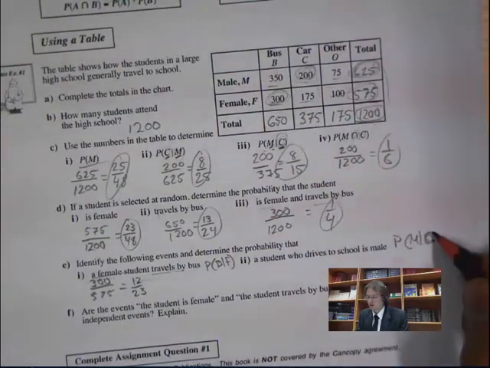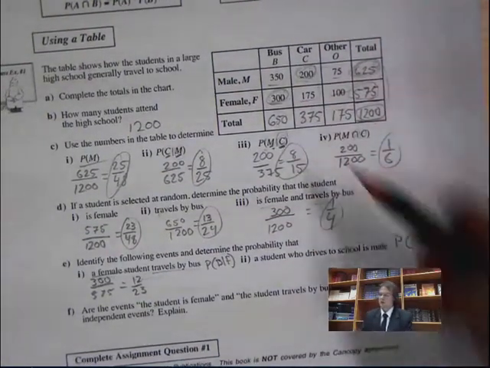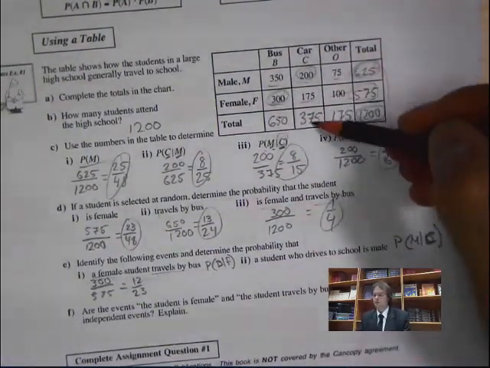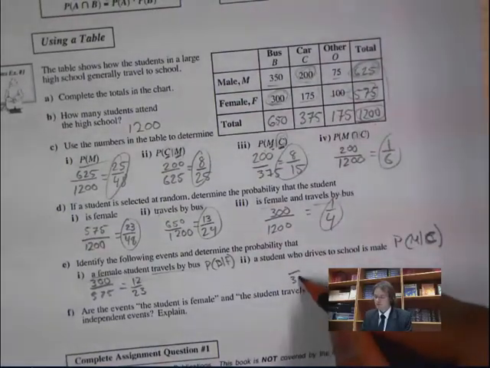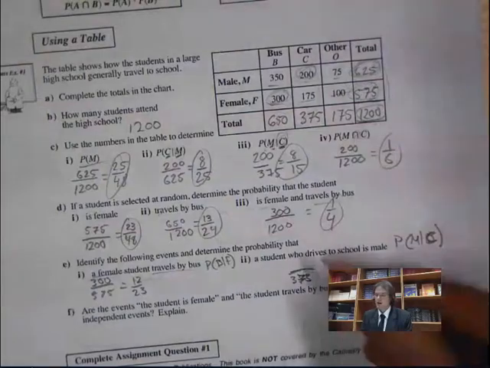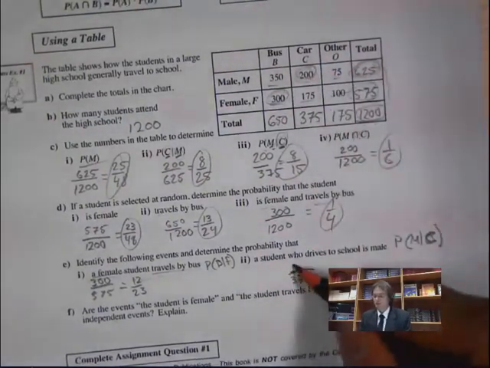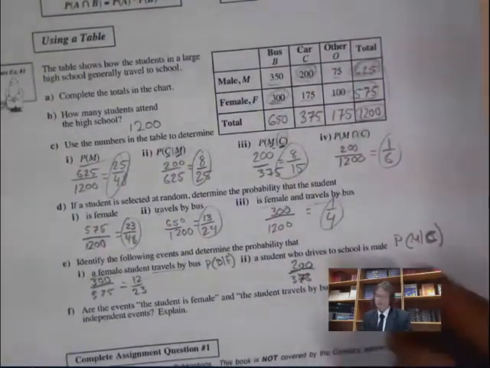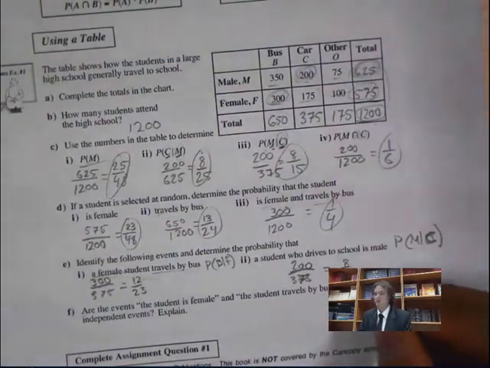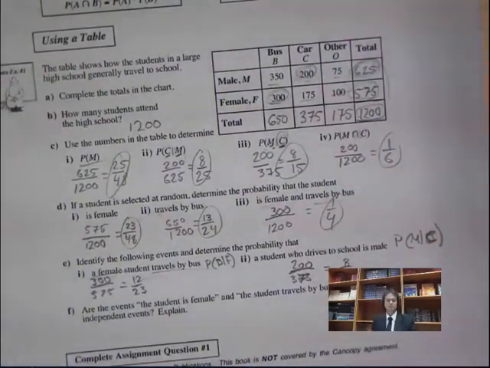So that's 375, we're looking at it being out of 375, and it is male, that's 200, which gives me 8 out of 15. Okay? So that's how we get that one.